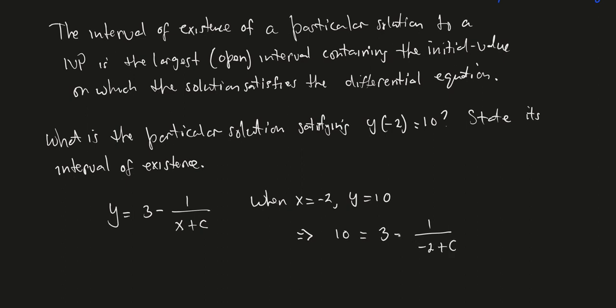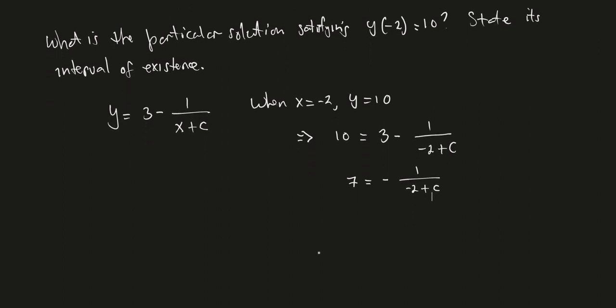And then I have my plus c, which is what we're trying to figure out. And then we're going to use pretty much the same set of algebra that we did earlier. So subtract 3 from both sides. That gives me 7 is equal to negative 1 over negative 2 plus c. Multiply both sides by negative 1. We have this. What do we have here? So then negative 2 plus c.